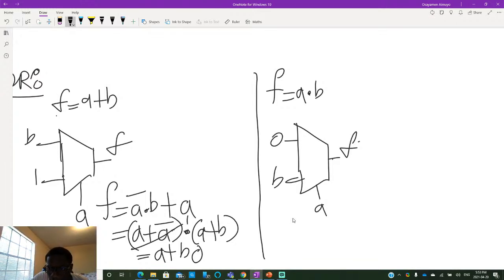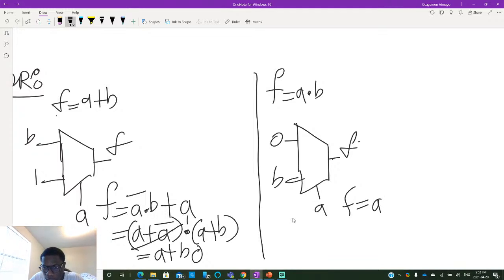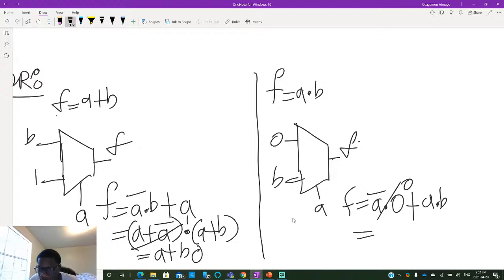So F equals A bar and 0, or A and B. So this is 0, and then you have 0 or some term, which is that term itself.